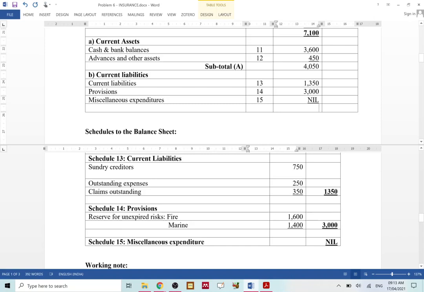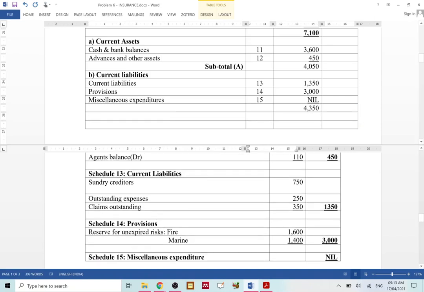Okay, so if you total all these up, again you get another subtotal only for current liabilities, right? So 4,350. Okay, now what happens? So this is your subtotal. Just underline these. Just doing different categories. So this is your subtotal, 4,350.